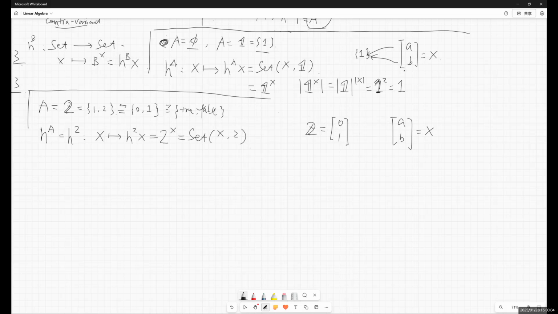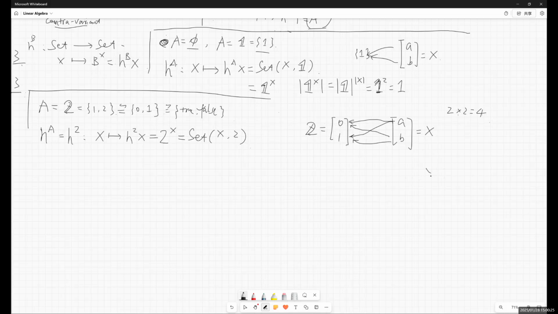So the map is not unique. a can be mapped into 0 and also can be mapped into 1. So there are 2 possibilities. b can be mapped into 0 and b can be mapped into 1. There are 2 possibilities. So totally 4 possibilities.